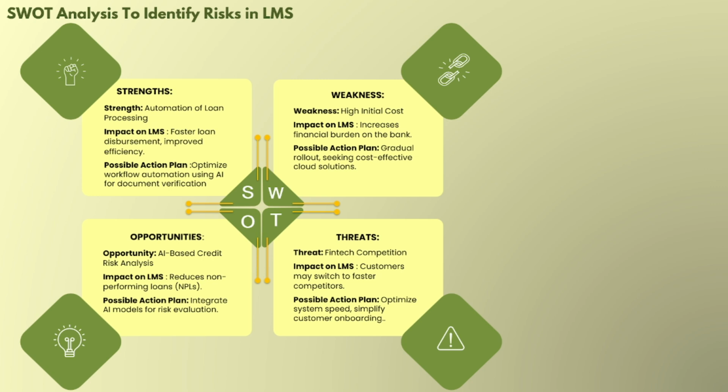Then what are the possible action plans? Optimize system speed, so make it more user friendly and faster. Then simplify customer onboarding, eliminating the complicated onboarding process for the customer, making it easier and more convenient. So overall, what we see in SWOT analysis is that it is like a smart game plan.